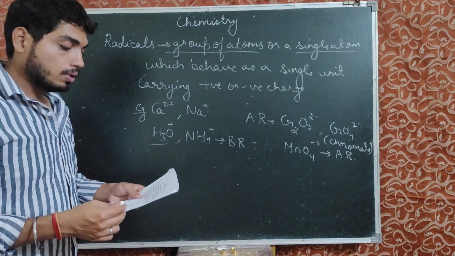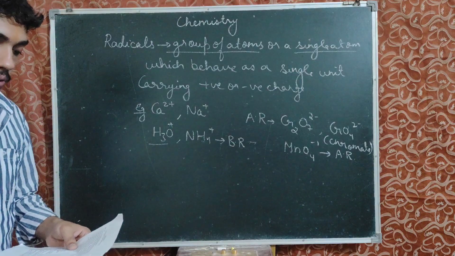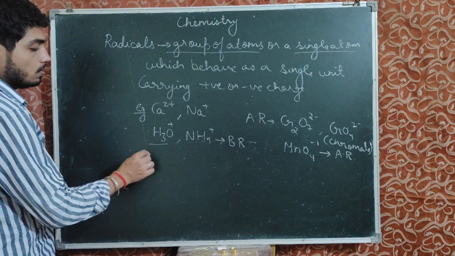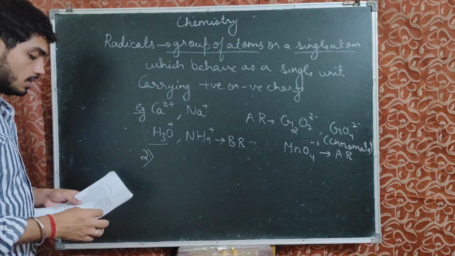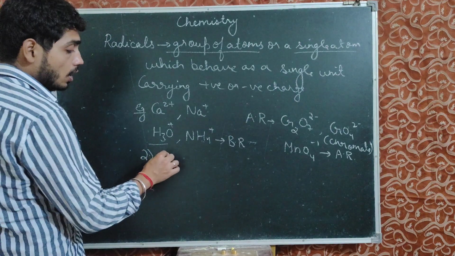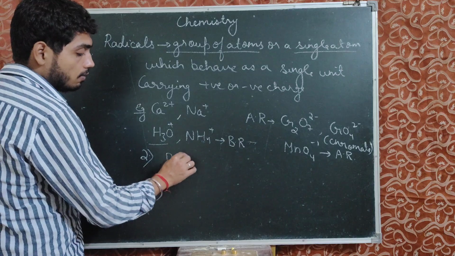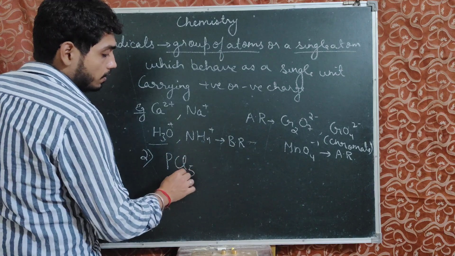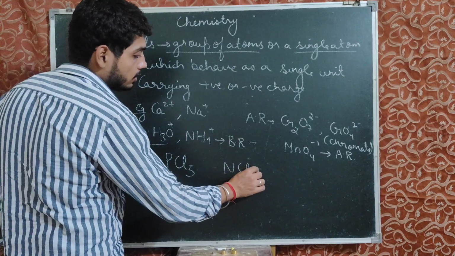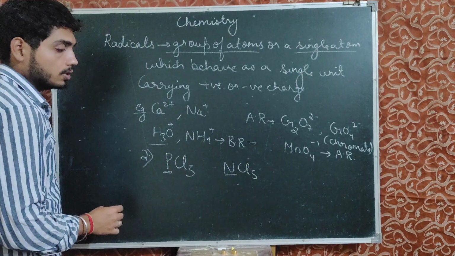Okay, why does phosphorus form PCl5 but nitrogen does not form NCl5? Explain. So question number 2. I have already told you phosphorus forms PCl5. Let us first check this information.